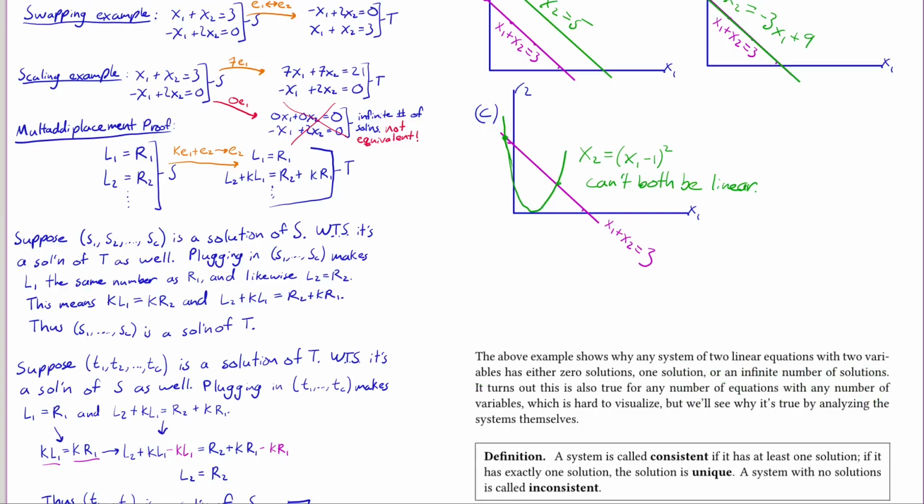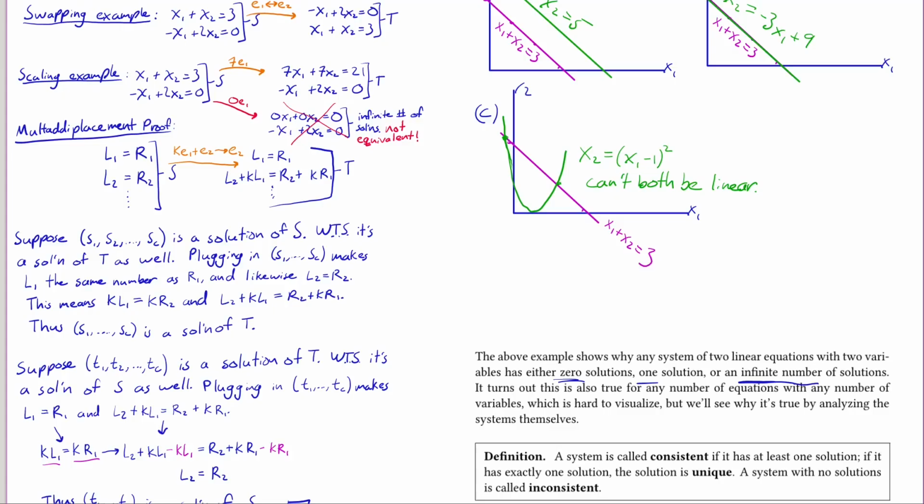And it's hard to see in R3 why this also works when you have linear equations of the form, I don't know, x1 plus x2 minus 7 x3 equals 9, and then some other equations with x1, x2, and x3. The number of solutions is always going to be 0, 1, or infinity. And it's kind of harder to see why that is in R3 just by thinking about graphs.